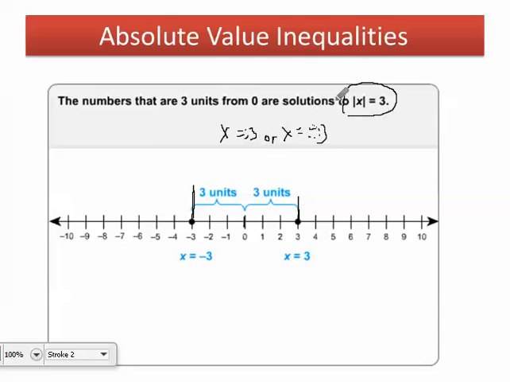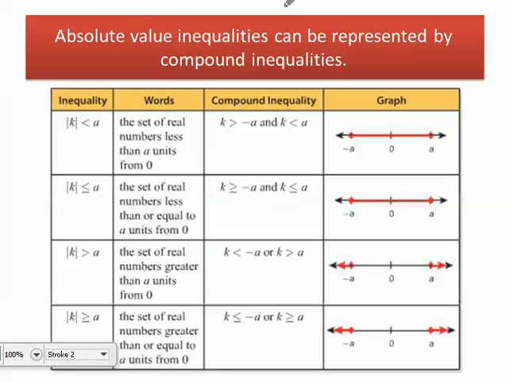Well, that's what we're going to be doing here with inequalities too. But there's a trick to inequalities. When you look at a less than inequality where it's pointing at the absolute value, you're always going to get a conjunction.